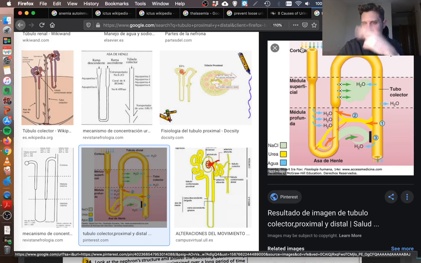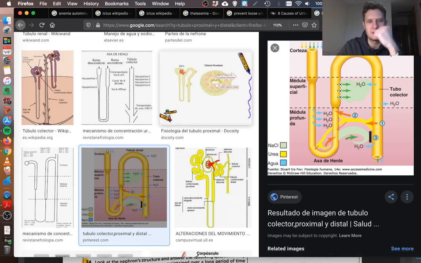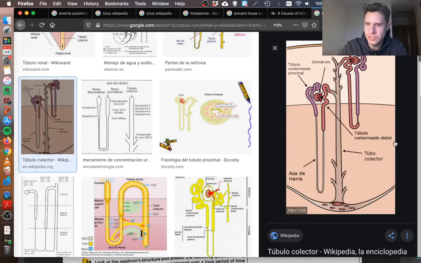We have double arrows of urea, double arrows of salt, and double arrows of water. Sodium chloride is very precious too, and we need to extract and recycle it. We don't want to lose that much salt.